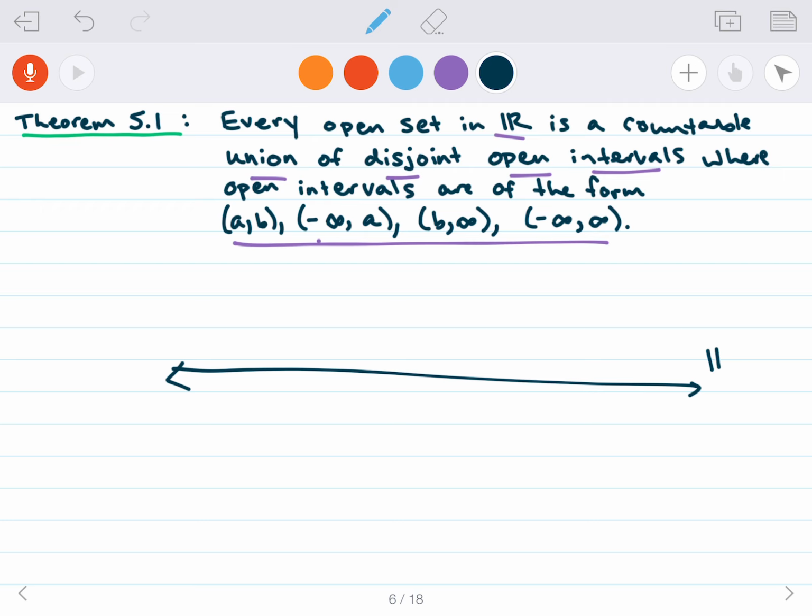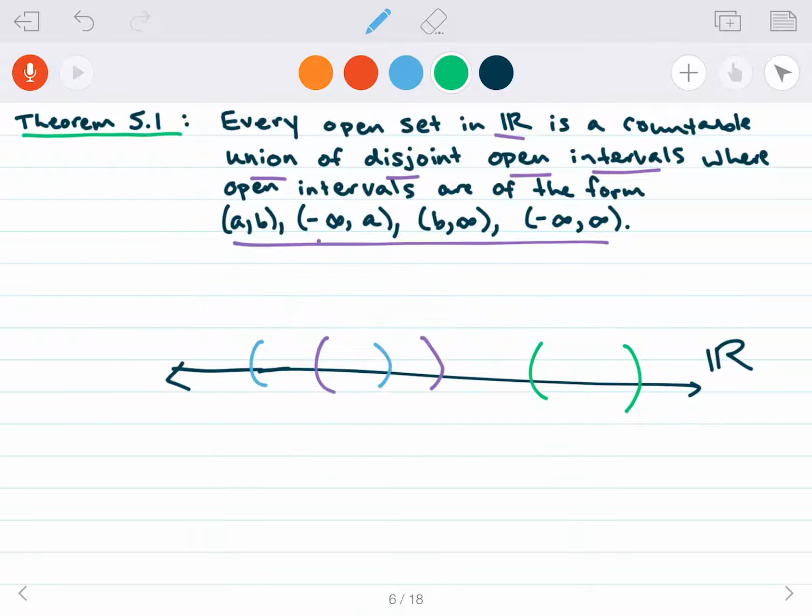And so the idea here is, let's say we have this open set, maybe this guy, this guy, this guy, this guy, and this guy. If we take the union of these, this is certainly an open set.